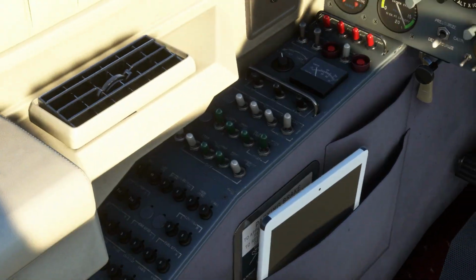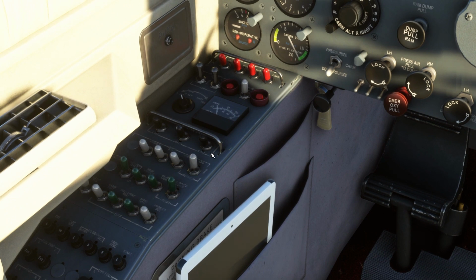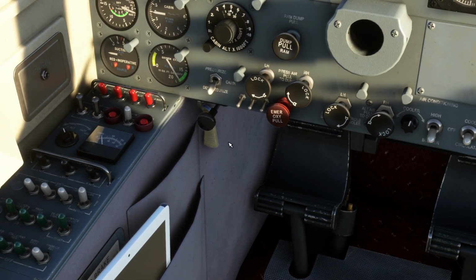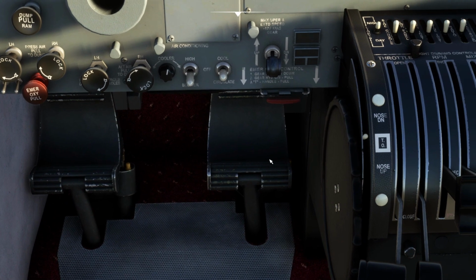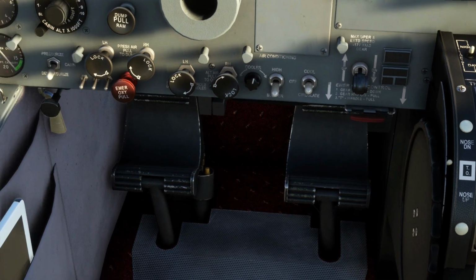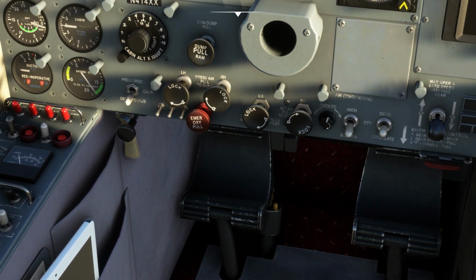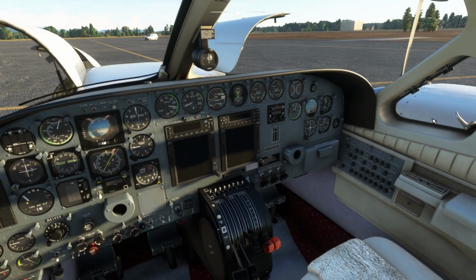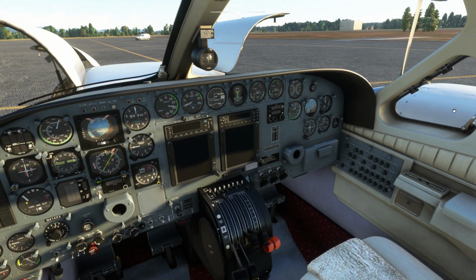Now this is kind of the main panel of the systems where you turn them on and off. This is the wheel brake, the parking brake, and of course you have pedals and stuff like that. Now let's put the passengers in. Okay, let's open this.